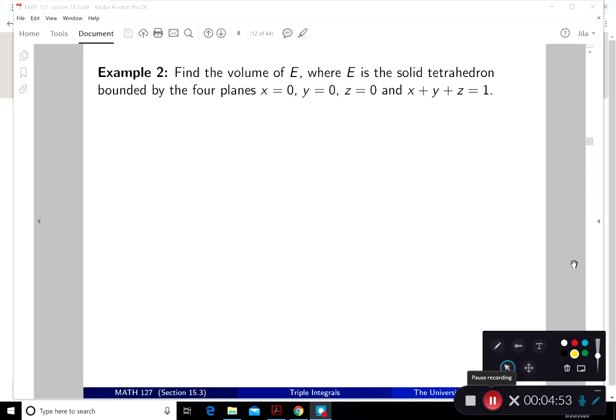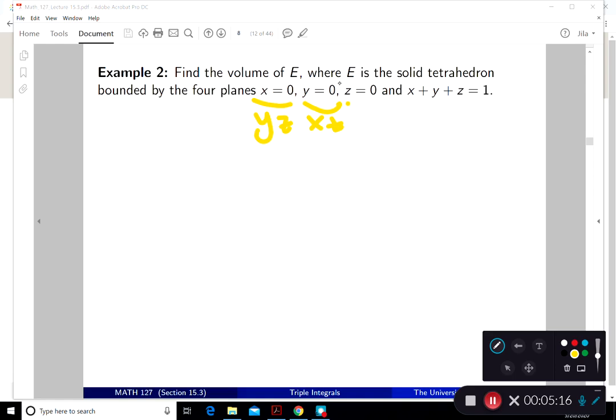Now we want to find the volume of E, where E is the solid tetrahedron bounded by 4 planes. The first one is x equal to 0, which is the YZ plane. And then we have y equal to 0, which is the XZ plane.